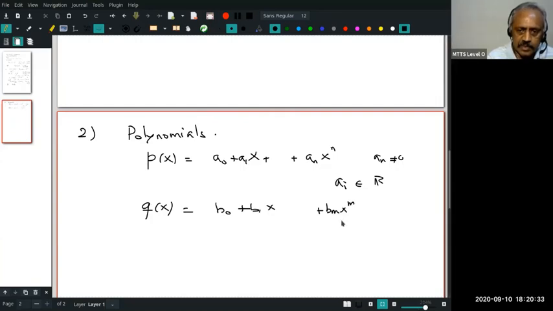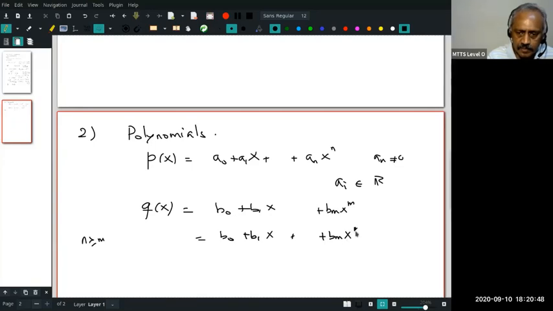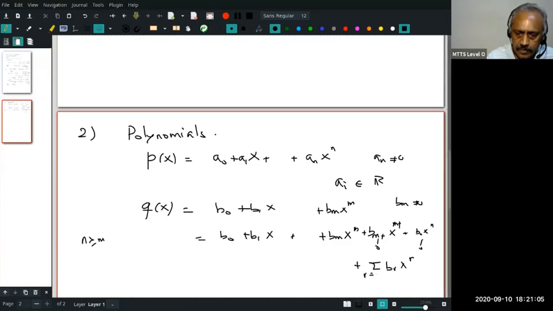Notice that m and n may vary, but what you do is, if n is greater than or equal to m, you write it as b0 plus b1x plus ... plus bm x^m, assuming bm is not equal to 0 if you want, plus b(m+1) x^(m+1) and so on up to bn x^n, where these coefficients br, for r from m+1 to n, are assumed to be 0.